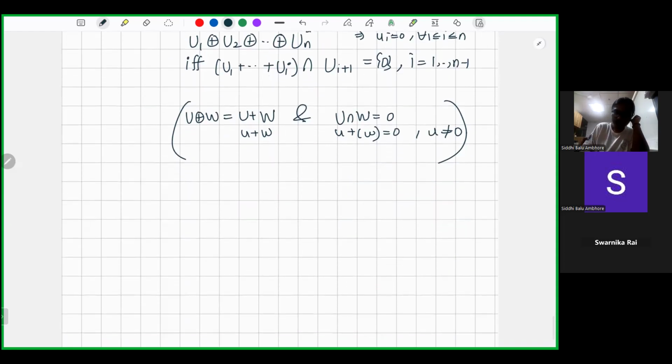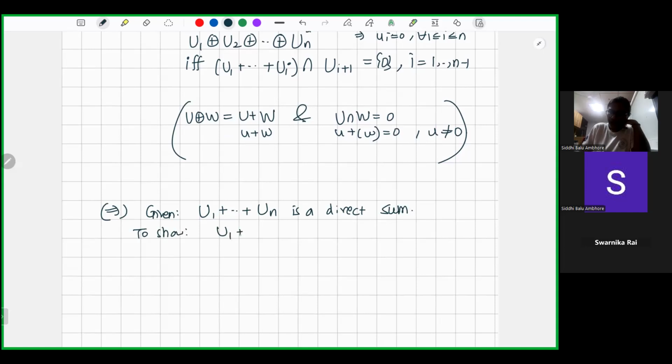So the forward direction is that we are assuming, given that this U1 plus ... plus Un is a direct sum, and we have to show that U1 plus ... plus Ui intersection Ui+1 is 0 for all i between 1 and n minus 1.